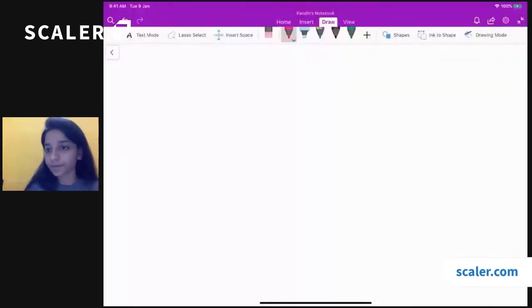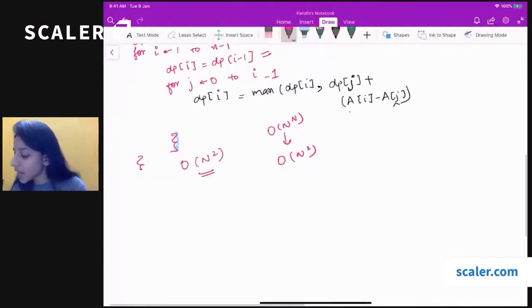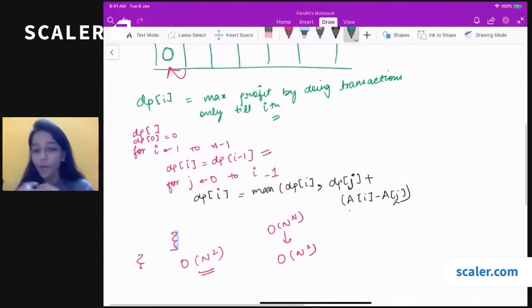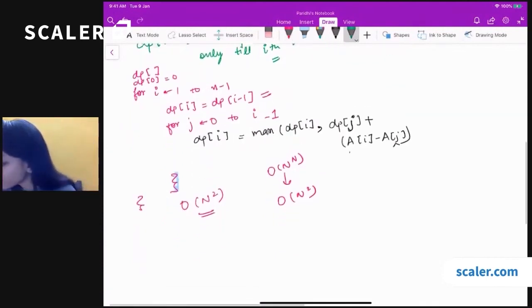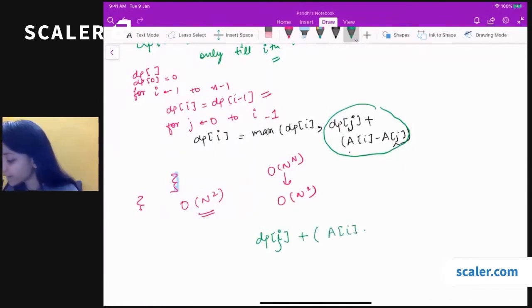Now this can be further optimized if we make some observation. What I'm doing over here is, whatever was the profit on day j, I am adding it to my current profit, right?